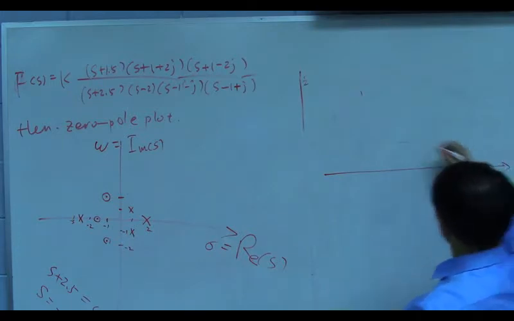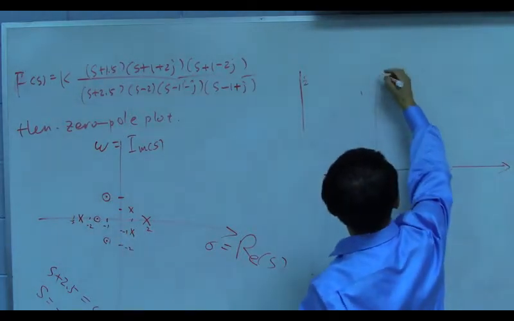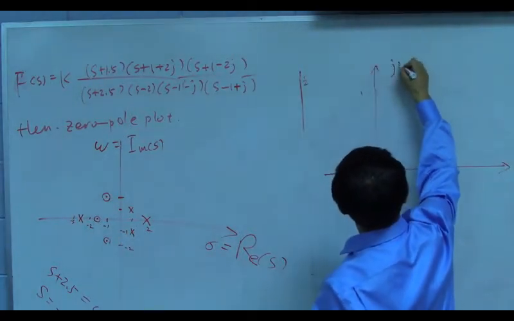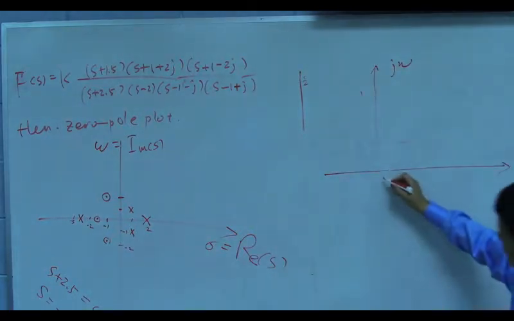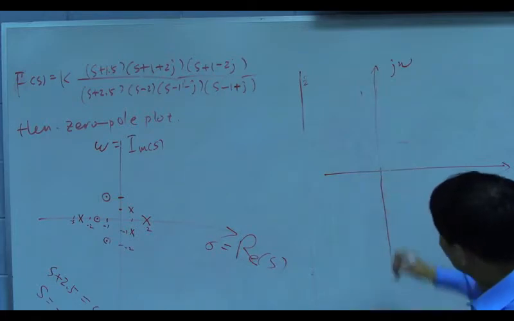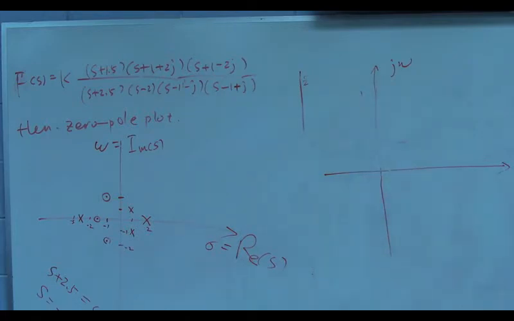This is sigma. This is omega, or we can write j omega. That doesn't matter, right? The region of convergence will be the area that makes the Laplace transform converge.